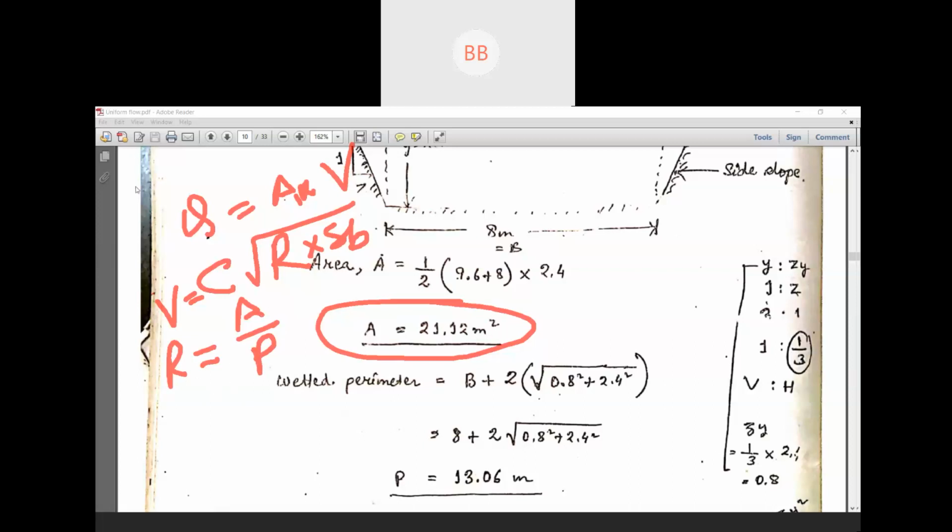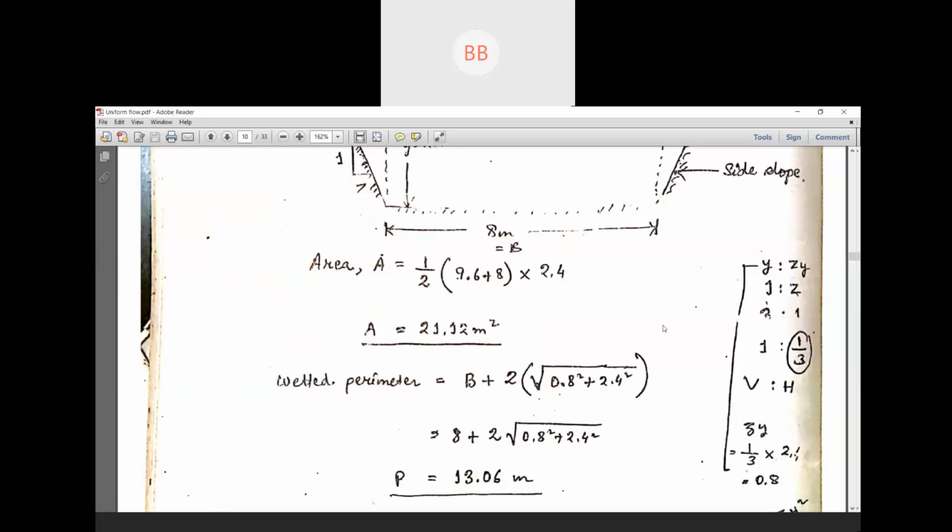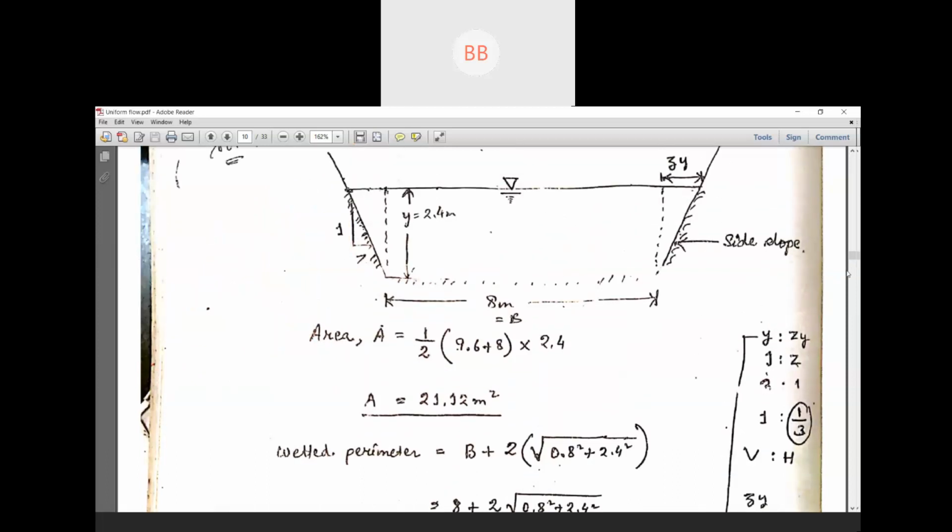Now the next thing we need to find out is the wetted perimeter of a trapezoidal channel. When we find out the wetted perimeter of a trapezoidal channel, we have to consider this side, then the bottom of the channel, and the side of the channel till the water level.